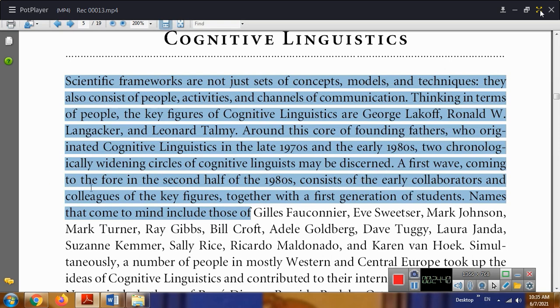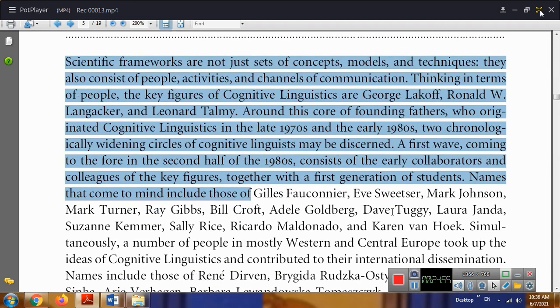A first wave coming to the fore in the second half of the 1980s consists of the early collaborators and the colleagues of the key figures, together with the first generation of students.